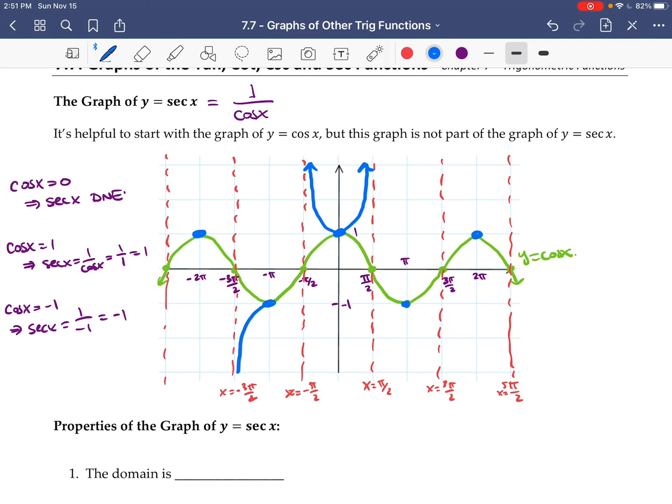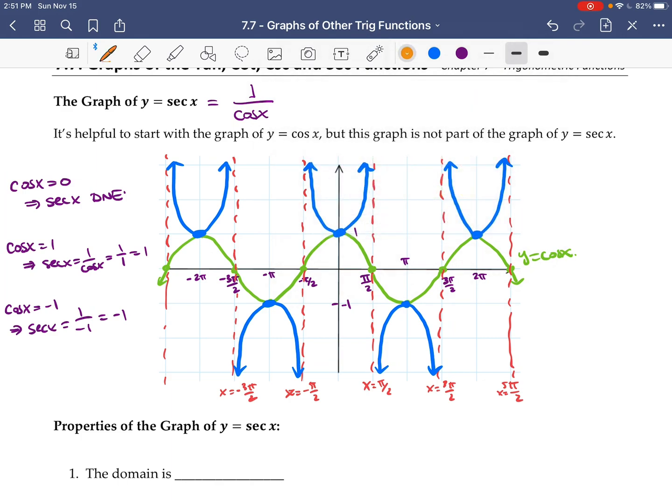So I'm going to have to approach the asymptotes this way. And then that's just going to repeat. So if cosine is negative, so is secant. And one more over here. Okay, so that's the graph of secant.